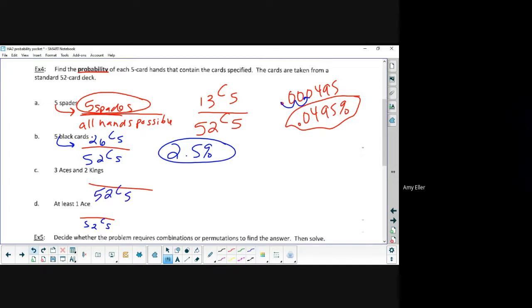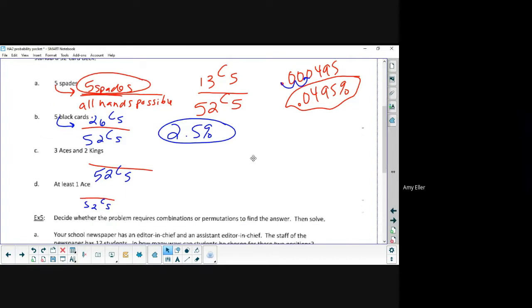All right. C, there's an important word there. And what does "and" mean? Multiply.